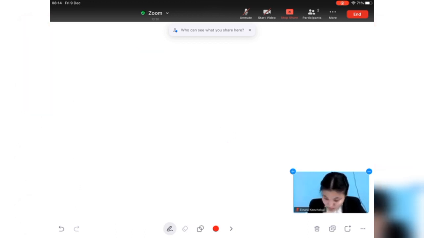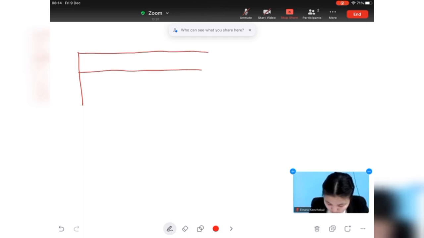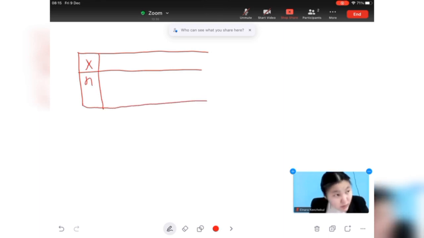Okay, let's look at this third example. x is the variant, n the absolute frequency, omega the relative frequency.